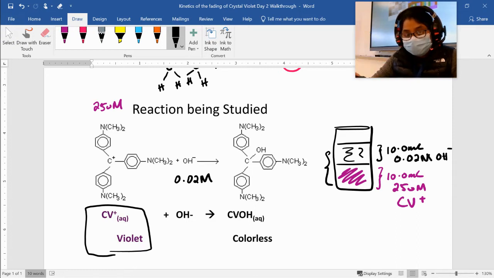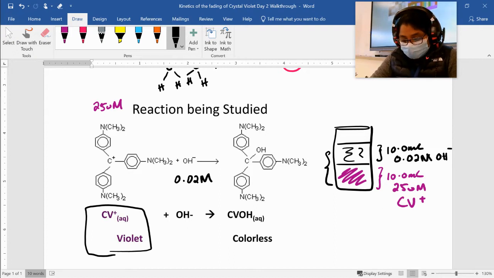The highest absorbance will be when most of the crystal violet has not reacted, and then as it reacts, the color fades, the absorbance becomes less and less, and the transmittance becomes more and more.